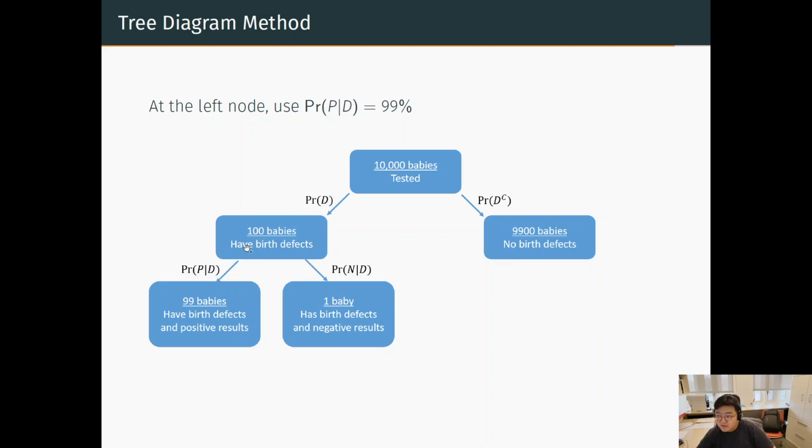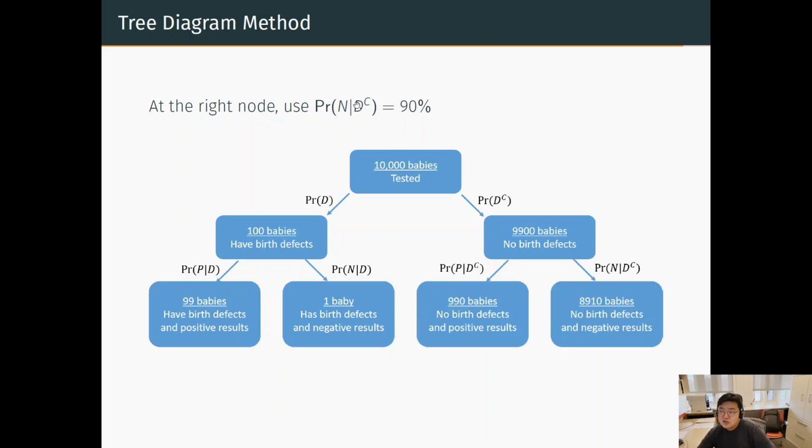So we started from here because the condition is having a defect. Now change the condition. Now, among those who don't have birth defects, 9,900, 90% will correctly get a negative result, right? That 90% of 9,900 is this much, 8,910.